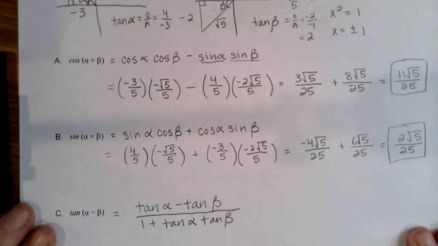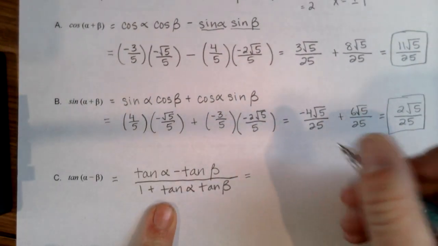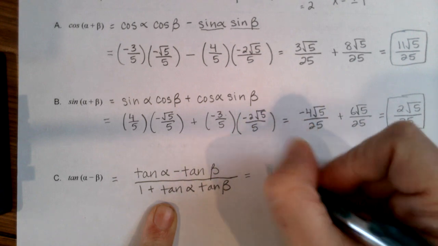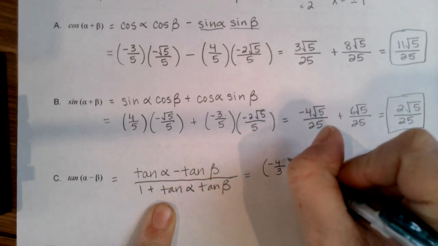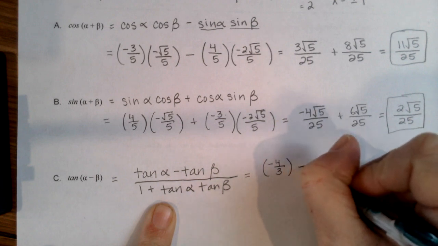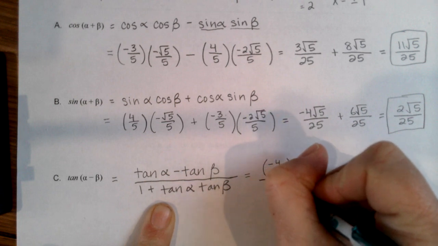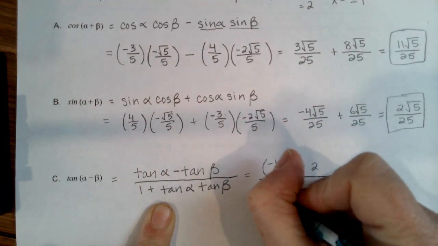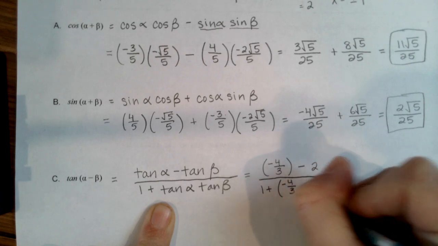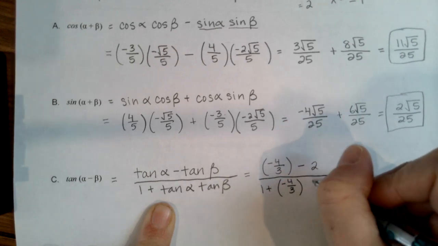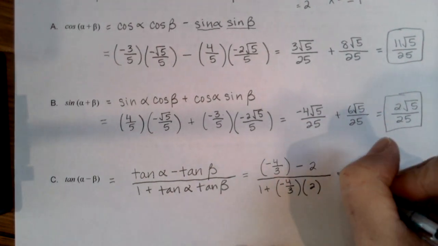Substituting in from above, my tangent of alpha is negative 4/3, minus my tangent of beta, which is 2, over 1 plus my tangent of alpha, negative 4/3, times my tangent of beta, 2.